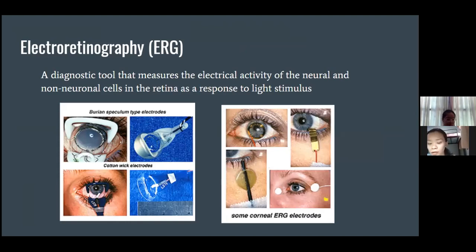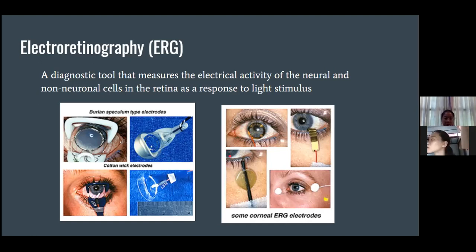The retina is at the back, right? If you learn from anatomy, it's at the back of the eye. So how would it correctly measure the potential at the retina, which is at the back of the eye?